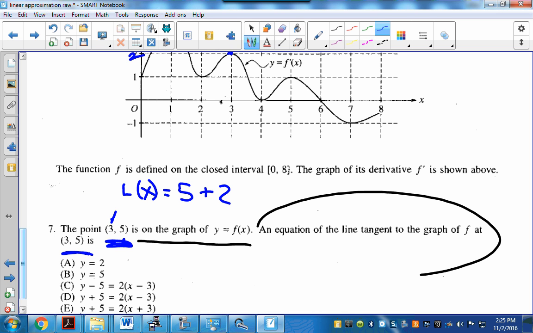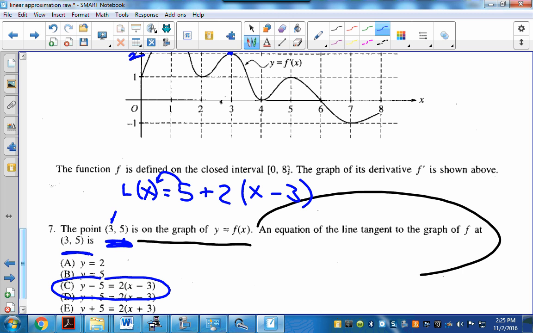Okay, so the derivative at 3 is 2 times x minus 3. So it's got to be one of those guys. Which one is it? A, B, C, D, E, C? Yep. So you see the 2 times x minus 3, and then this 5 would go over there, right?